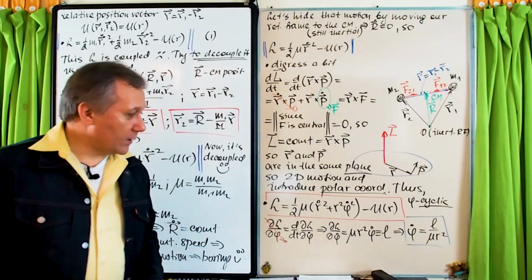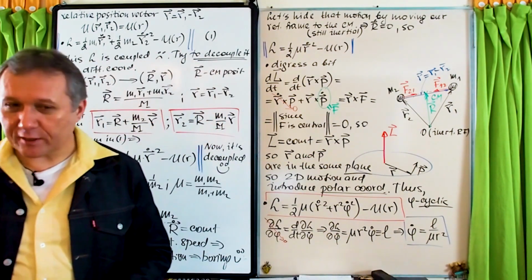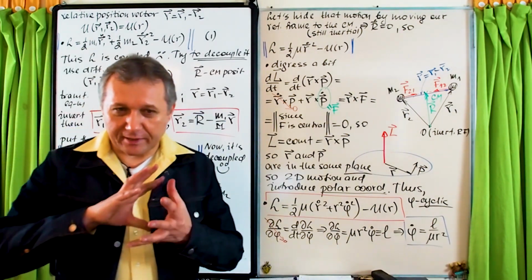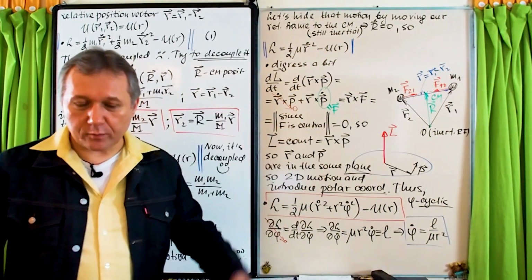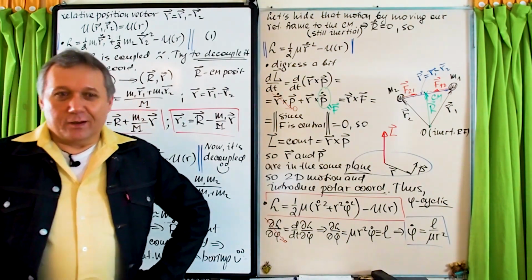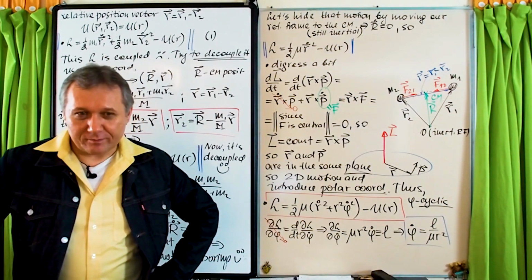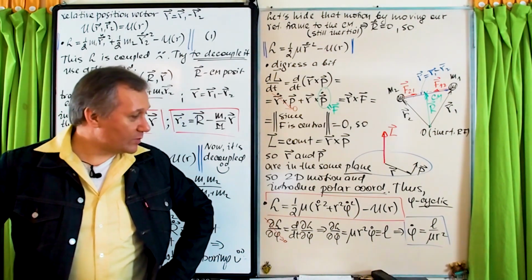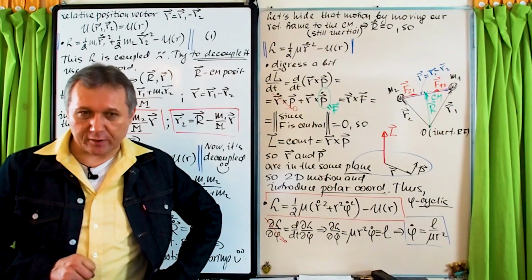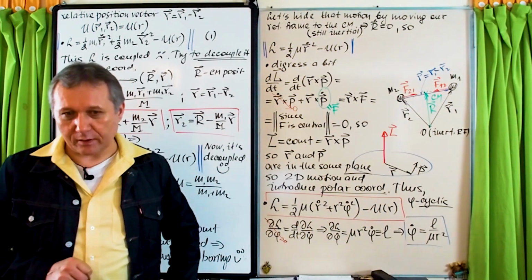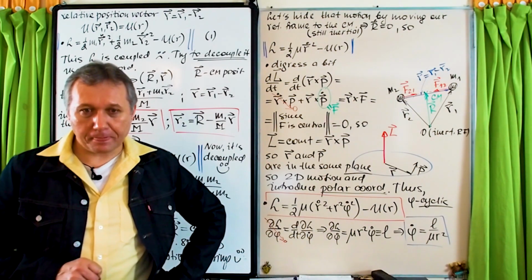We will not use that equation directly. We will slightly adjust it and change coordinates. And then we will start solving Kepler's problems, because Kepler's first law, elliptical orbits, we will derive using this.